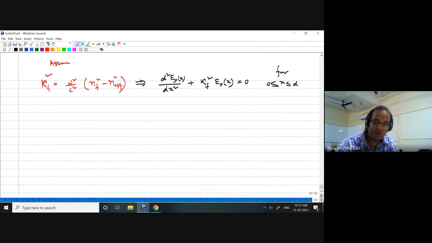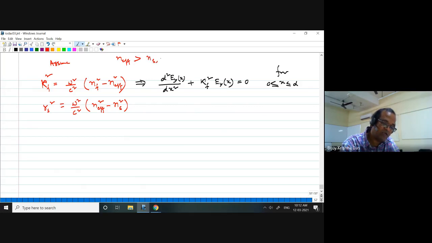If I write something like this, gamma s square equal to omega square by c square times n effective square minus ns square, right? Because n effective is higher than ns, right? If something is to be guided, n effective should be greater than ns as well as nc.